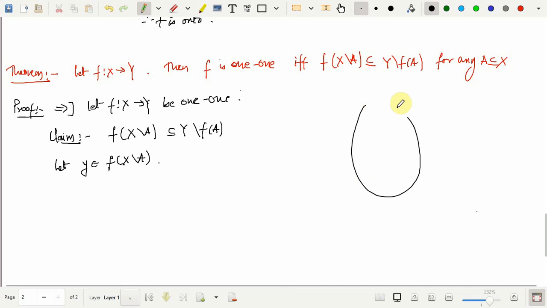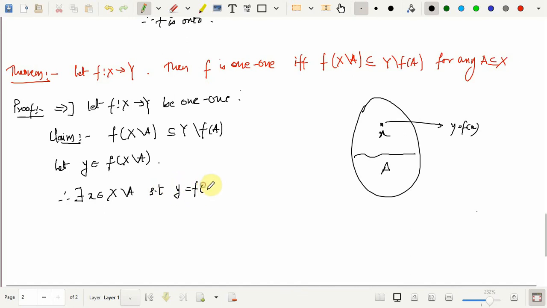So suppose this is your A, then there is a pre-image x which acts as the pre-image for y. Therefore there exists x in X difference A such that y is equal to f of x.